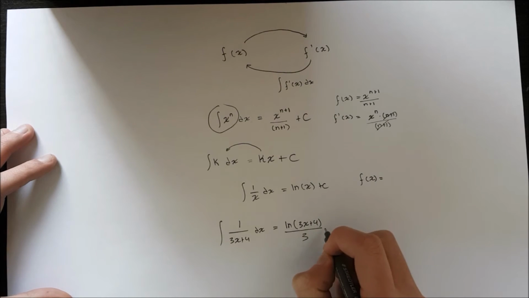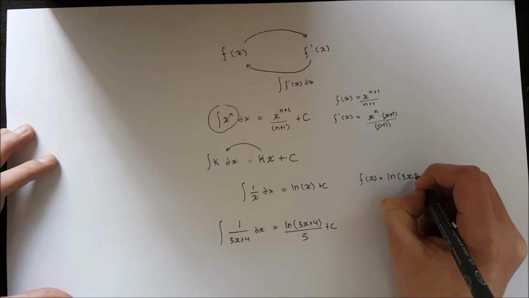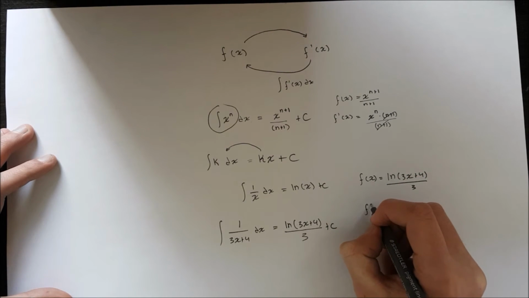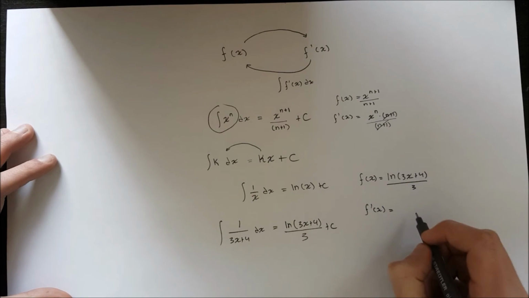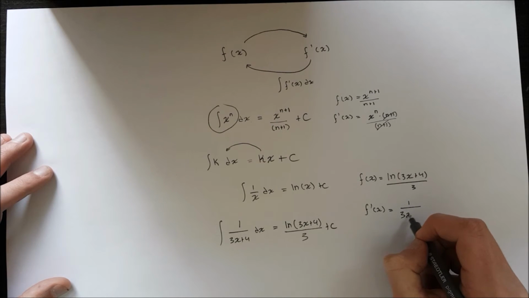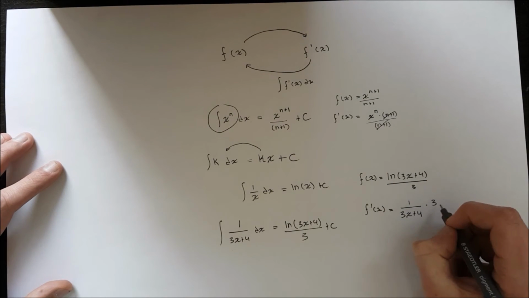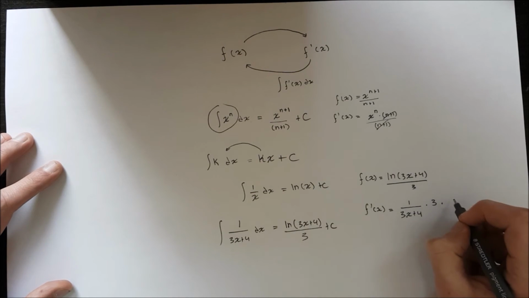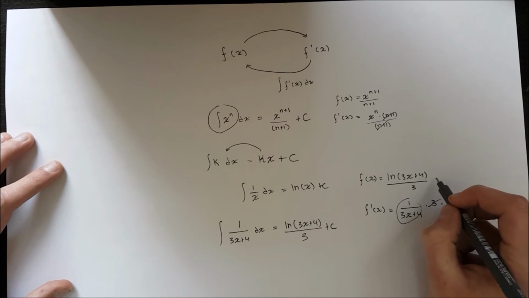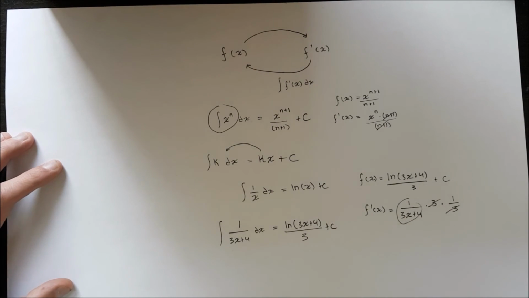This is our function, ln of 3x plus 4, over 3, plus c. We take the derivative of that. We're going to have 1 over 3x plus 4 times the derivative of the inside, and then times that 1 over 3, which is still there. These are going to cancel out, and you're going to get this. The c that was there also immediately cancels out because it's a constant.